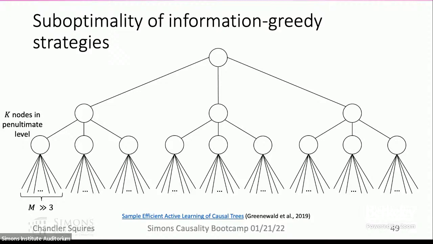In this construction, you'll see we have a 3-ary tree. So it branches from the root node 3 times until at the very end, we're going to have this giant number of nodes hanging off of the bottom. So right now I'm just going to call that M. I'm going to call the number of nodes in the bottom row, or the penultimate row, K. So does the construction make sense?